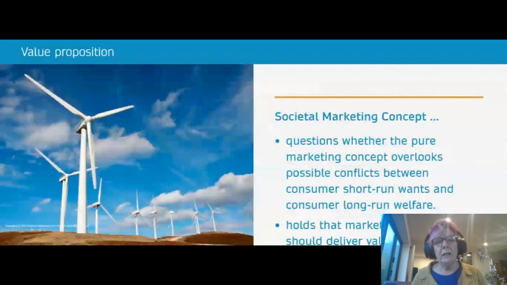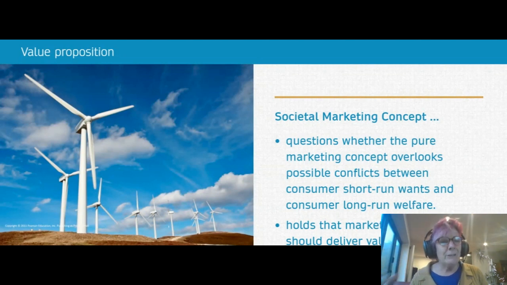The final concept that I want to talk about is the societal marketing concept, and I think this is becoming more and more important in recent times. We don't necessarily want to buy the cheapest energy to heat our homes, do we now? Many of us want to buy the greenest energy. Many of us are concerned about the planet, and we are willing to pay more for products that have some benefit for society.